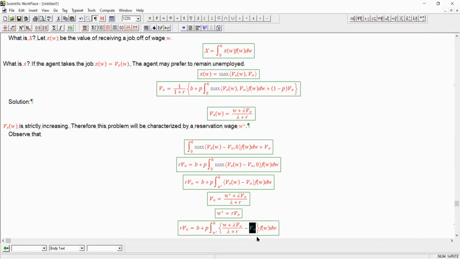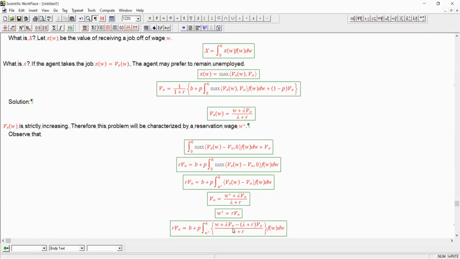And we can simplify this. You can multiply top and bottom here by lambda plus R. Now we can put these two fractions together over one denominator.